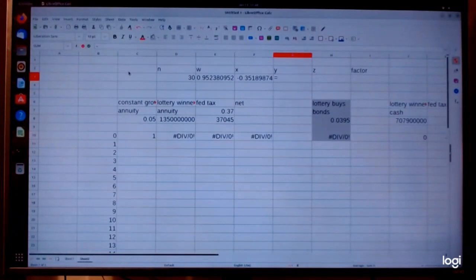The next one is 1 plus H8 divided by 1 plus C8 minus 1. Oops, I did something wrong. One plus H8.